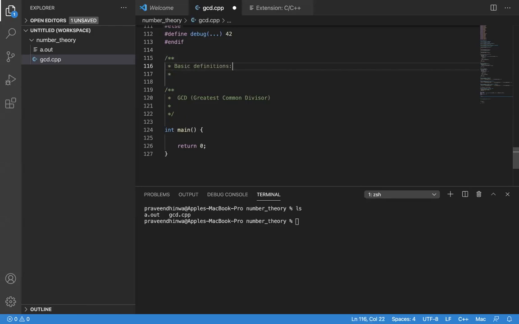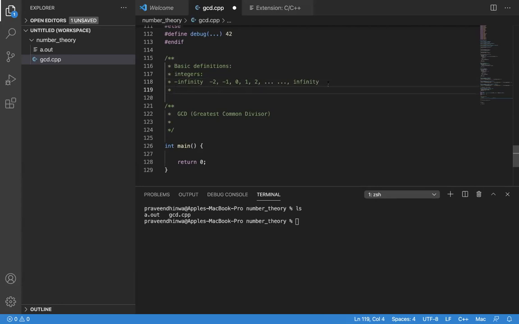So what are integers? Integers are numbers like minus 2, minus 1, 0, 1, 2, and so on and so forth, from minus infinity to plus infinity.